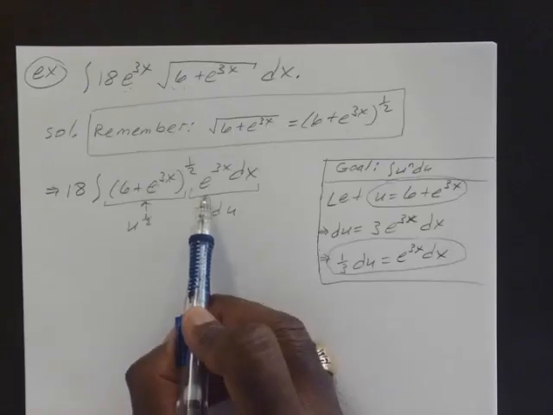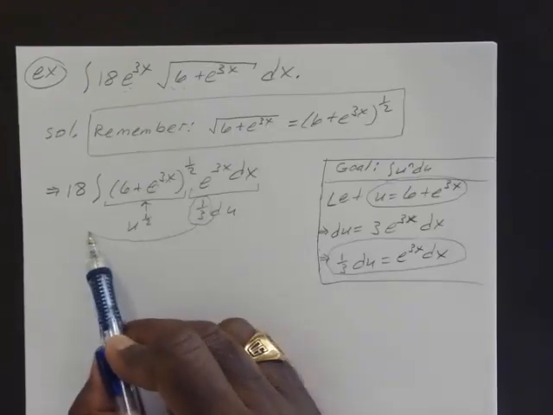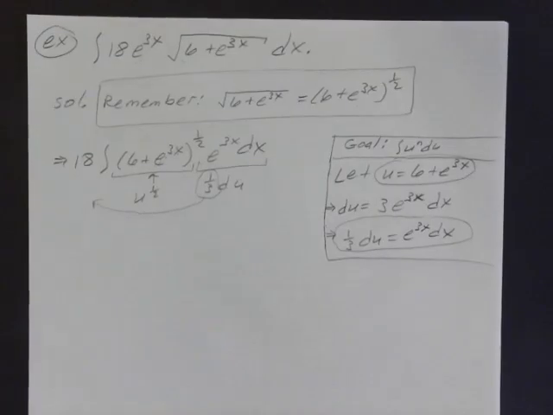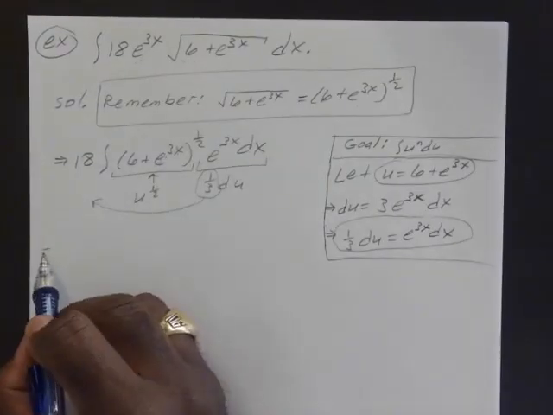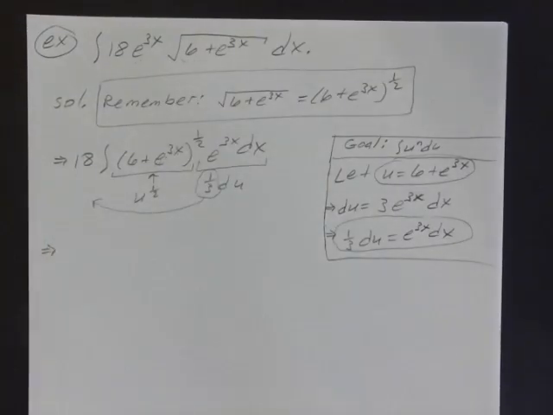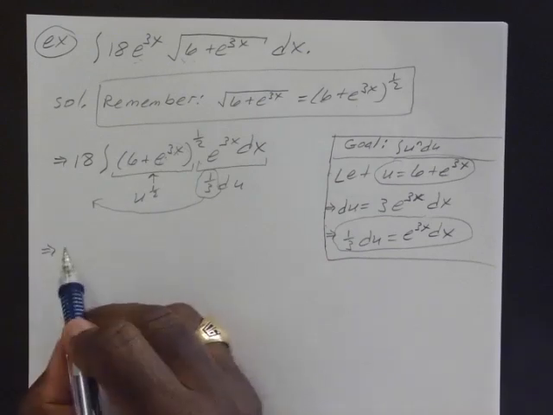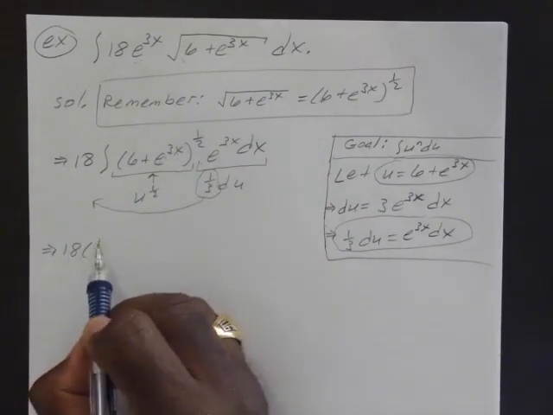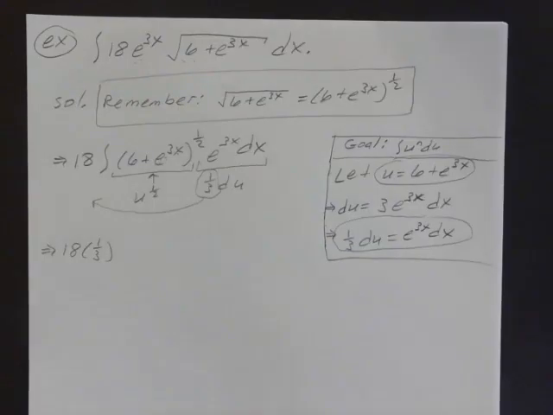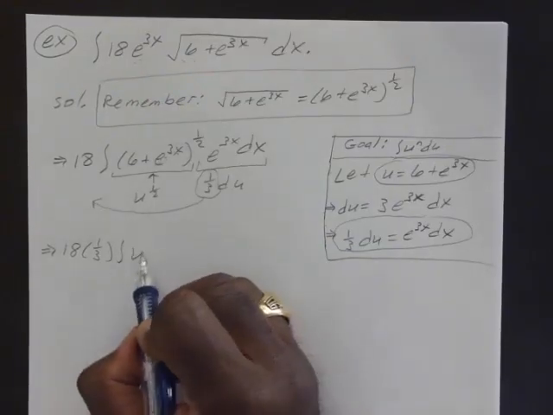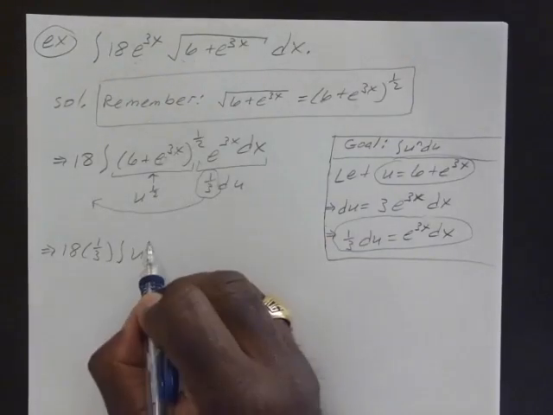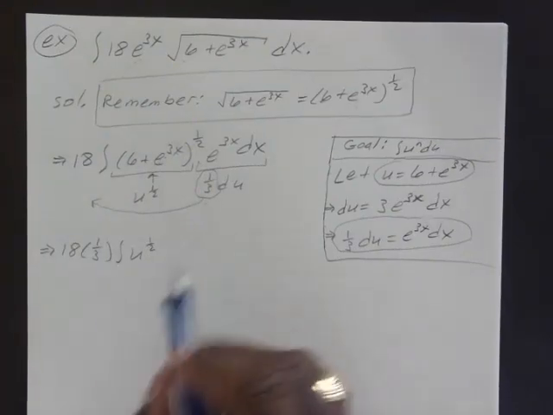So again, we take that 1/3 and factor it out to the front. So it gives us 18 times 1/3 times the integral of u to the 1/2 power du.